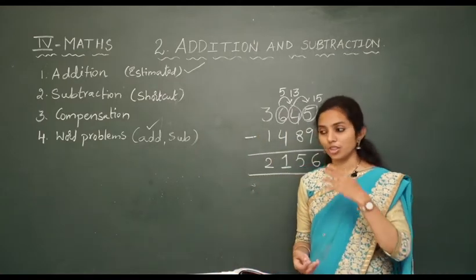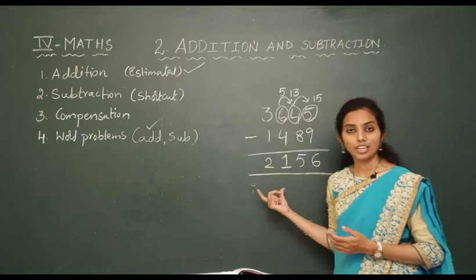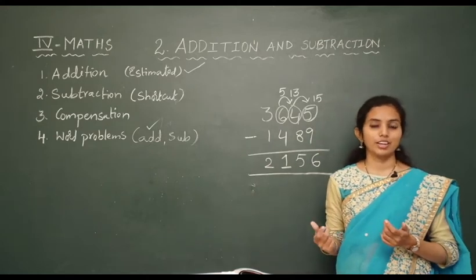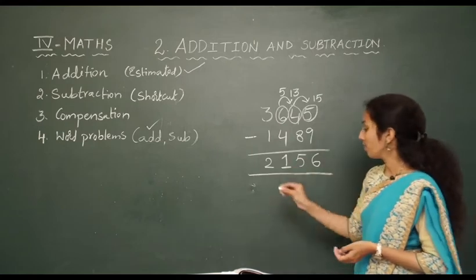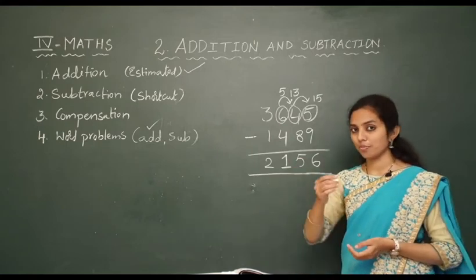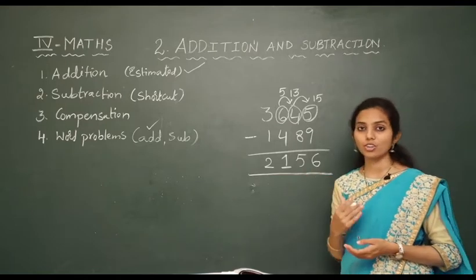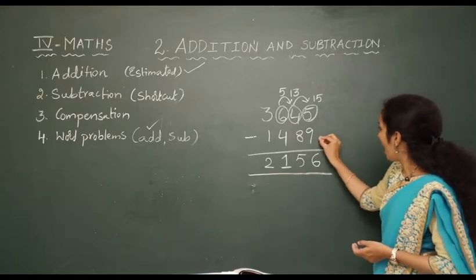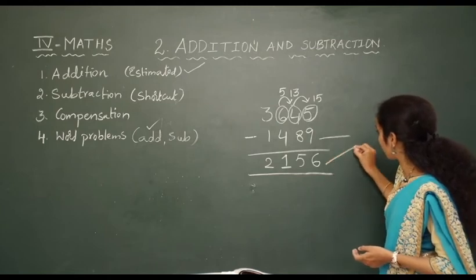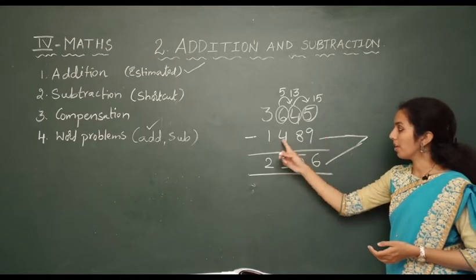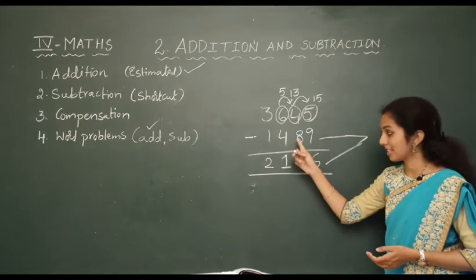Whether the number we got here is correct or wrong, how to rectify, how to check it. So there is a method. If you want to check whether the answer you got is correct or wrong, we can add these two numbers. We can add the result and the number that should be subtracted, the second number.